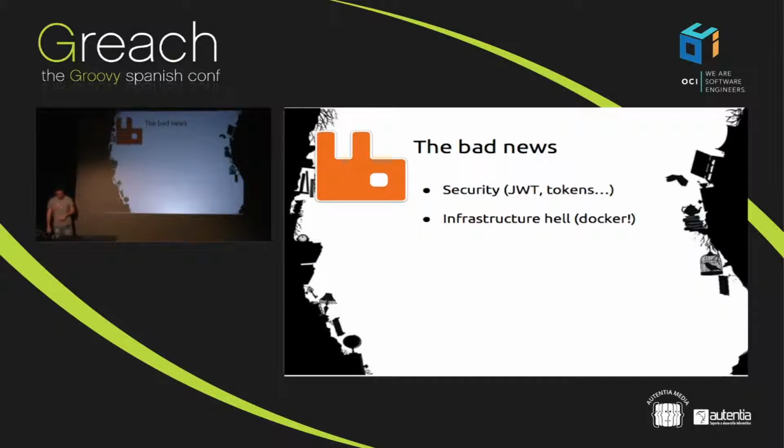Well, okay, the bad news. Always, everything in computers is about trade-offs. Security. I showed you a little bit of the Stomp relay server, but you have to put more security there normally, because if your WebSockets are, for example, trying to access an authenticated backend, you need to put in security.